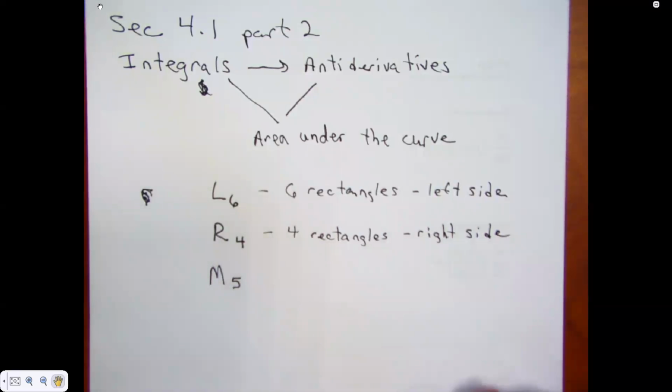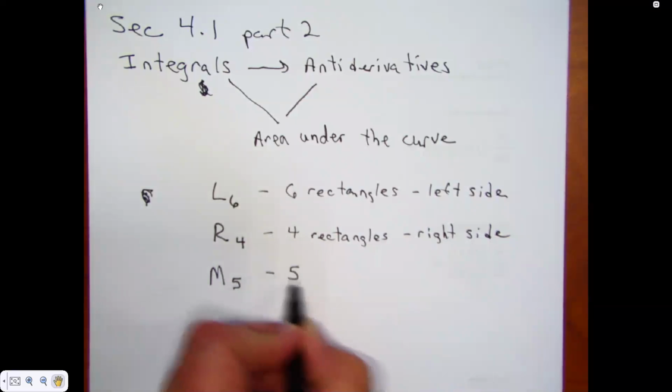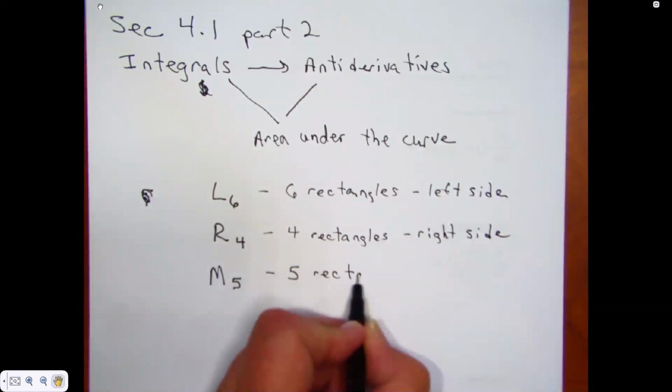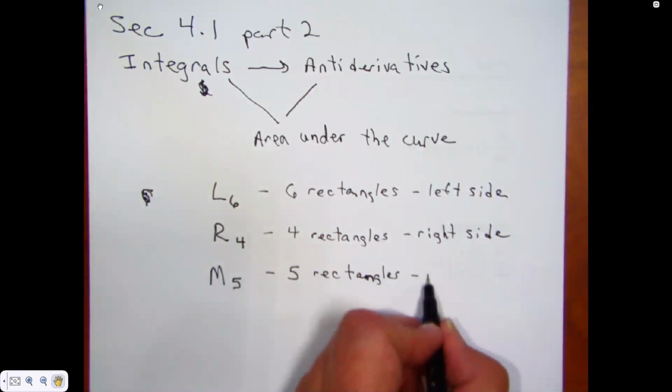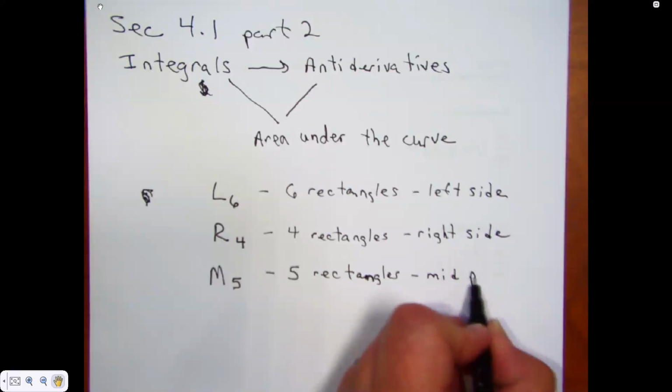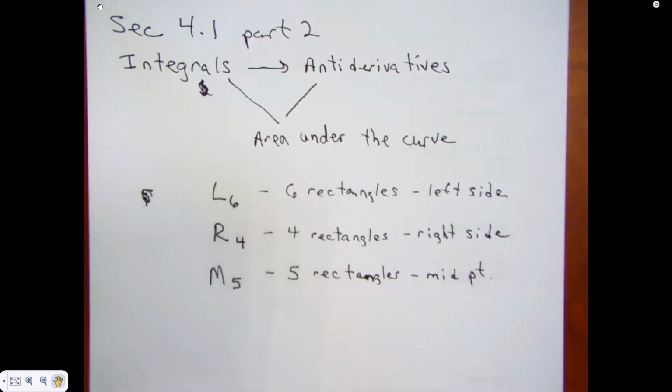M5 would be okay. That would be 5 rectangles going to the midpoint, and M means midpoint. All right, so those are written down officially.